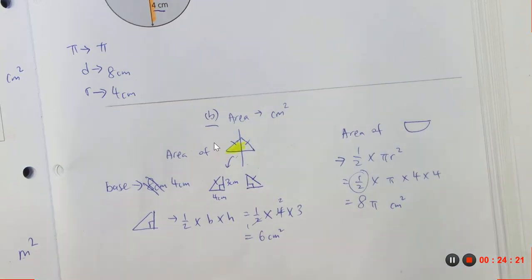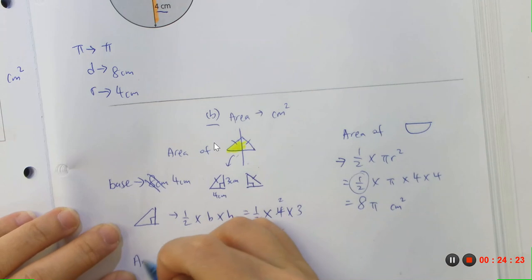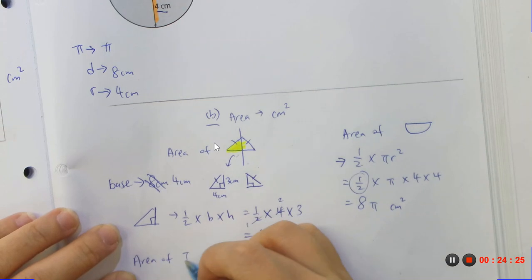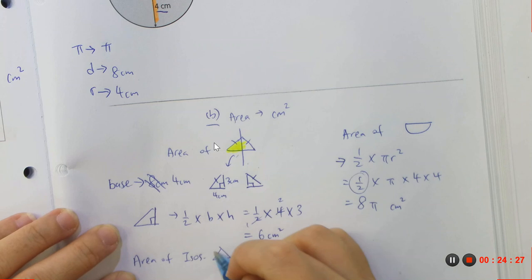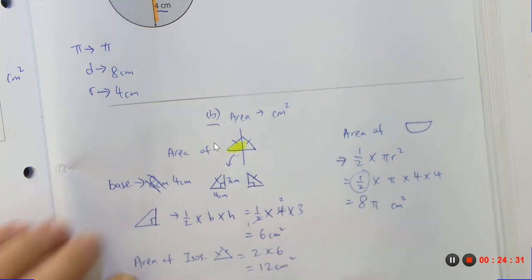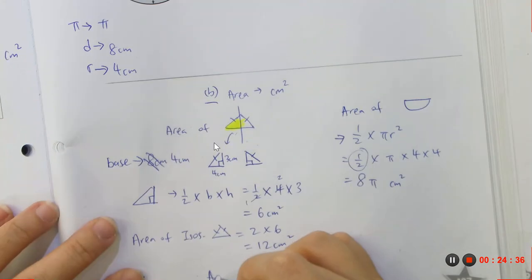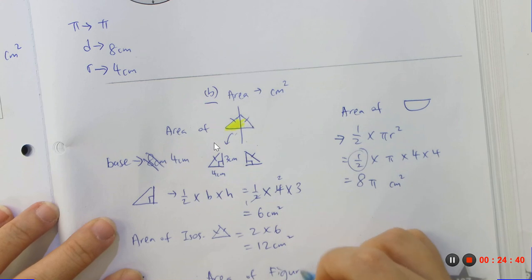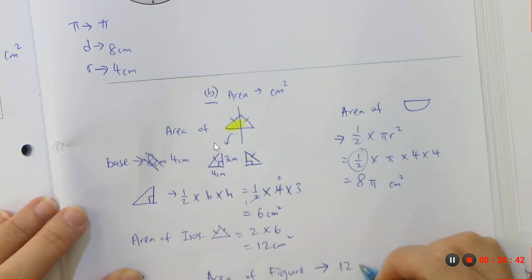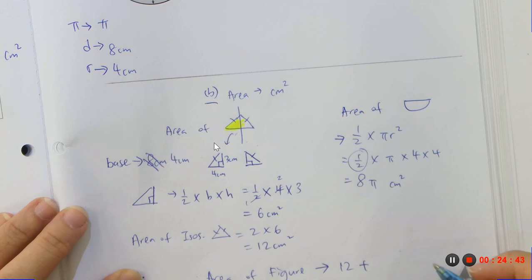So the area of the isosceles triangle will be 2 times 6, which is 12. So the area of the whole figure will be 12 plus 8 pi.